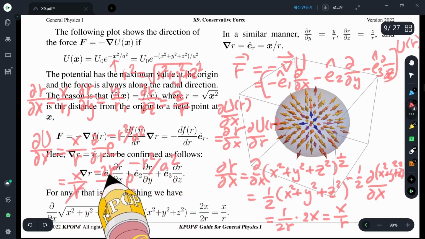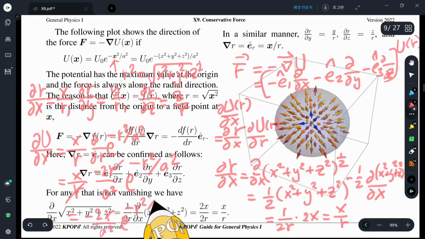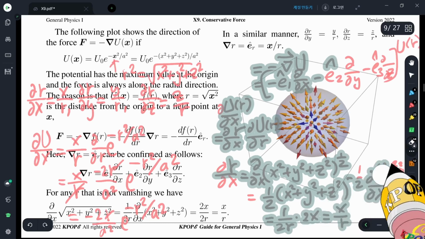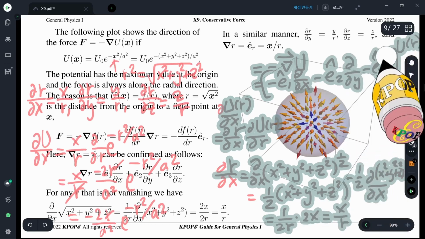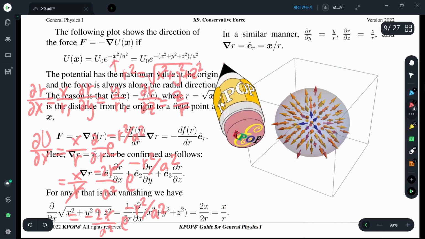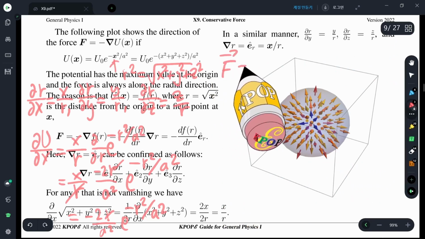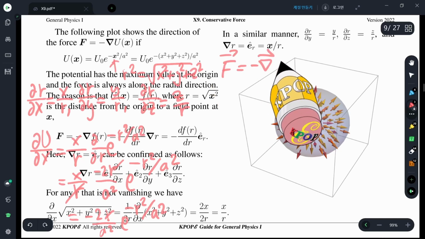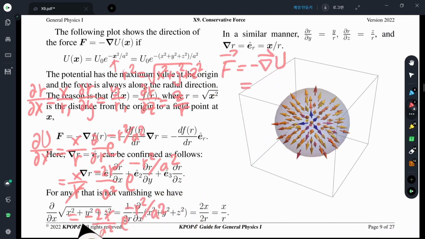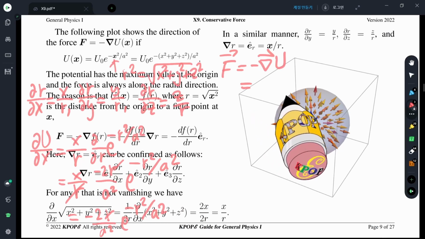So r cancels, giving minus 2x over a squared e to the minus r squared over a squared. In summary, force is a minus gradient u, so I put a negative sign on it: negative, negative, positive.